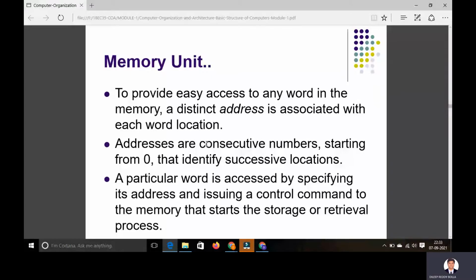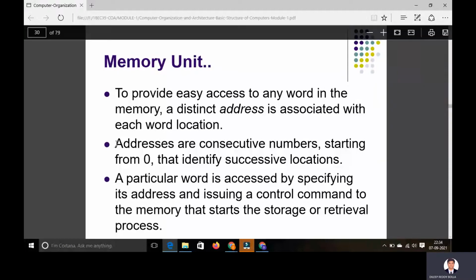The main memory is organized so that all the bits of one word can be stored or retrieved in one write or read operation.